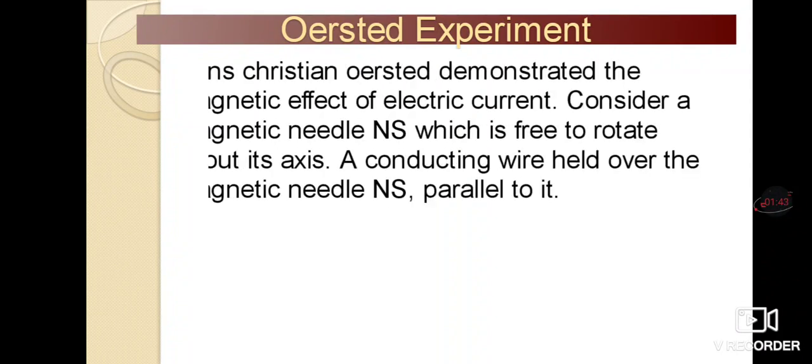And how Ørsted demonstrated this, we will discuss now, that is the Ørsted experiment. Hans Christian Ørsted demonstrated the magnetic effect of an electric current, meaning both are related. For that he considered a magnetic needle.